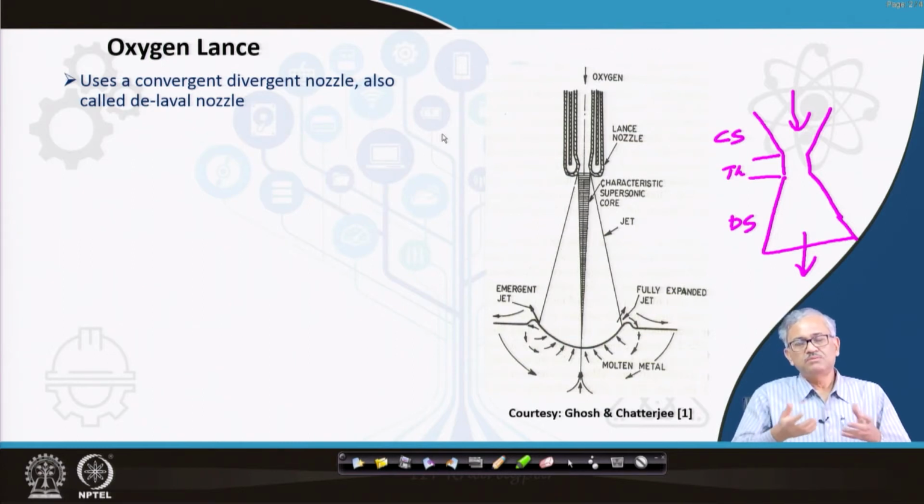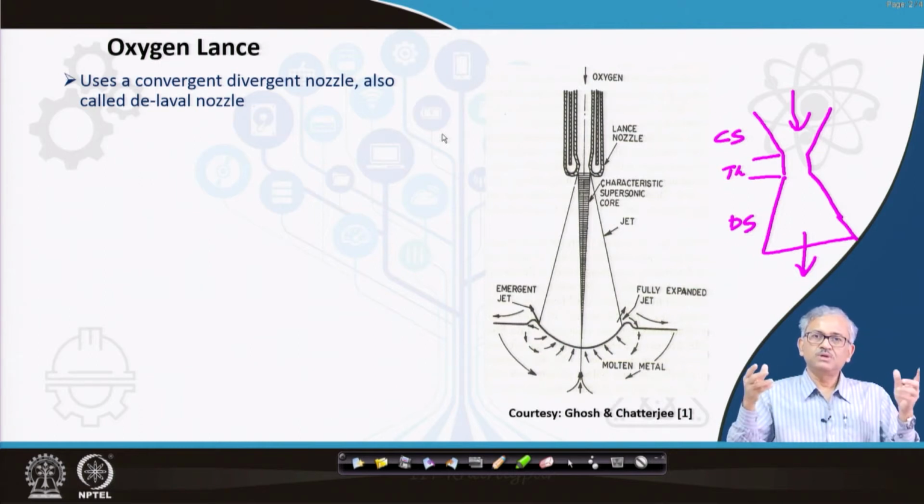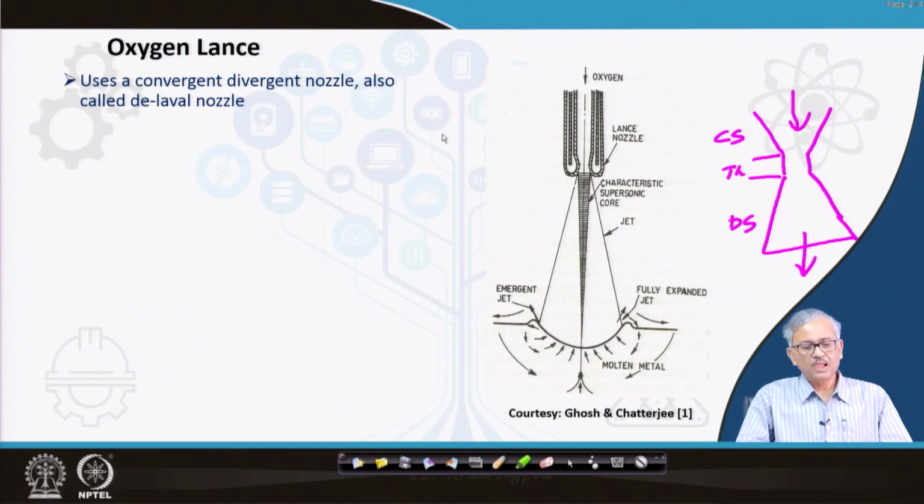This large-pressure oxygen jet then interacts with the one atmosphere ambient air, and as a result most of the energy gets dissipated in the form of shock waves in the case of the cylindrical nozzle.